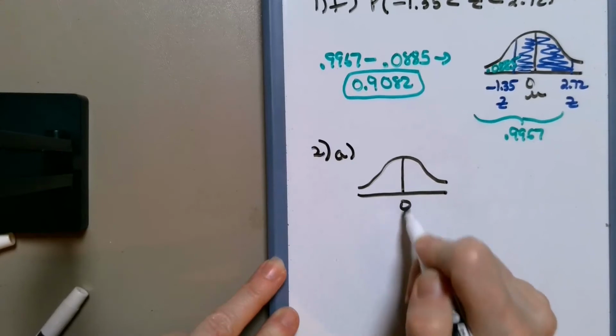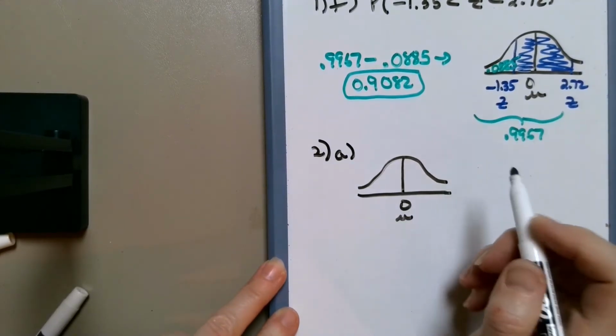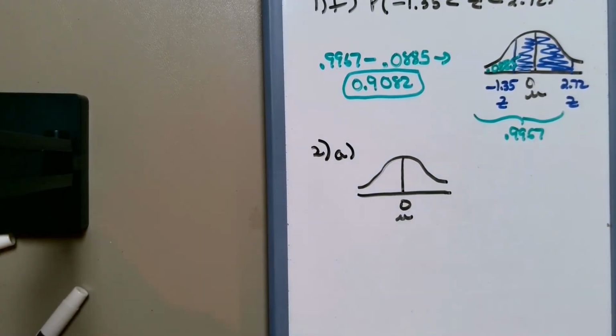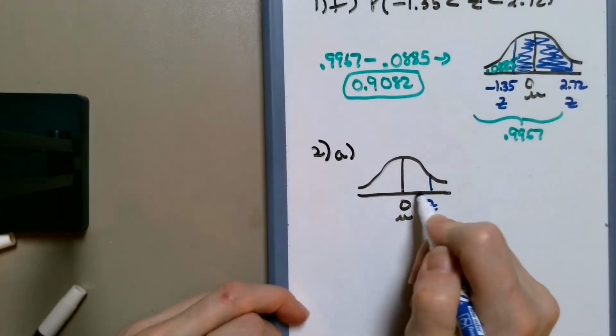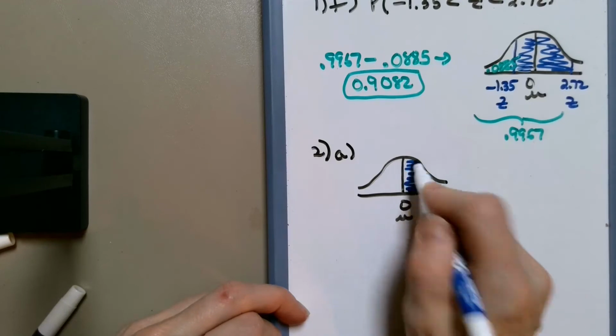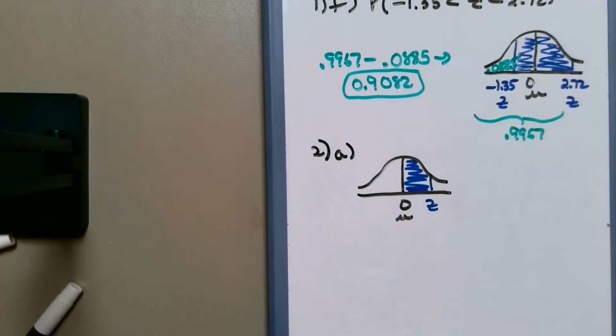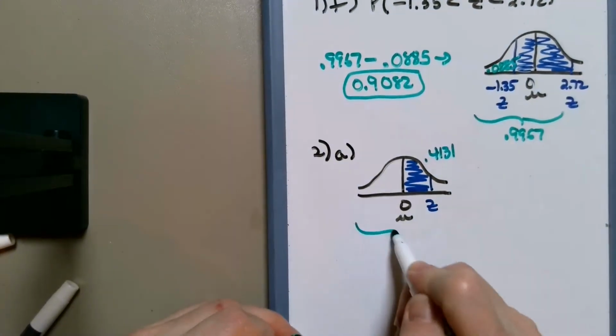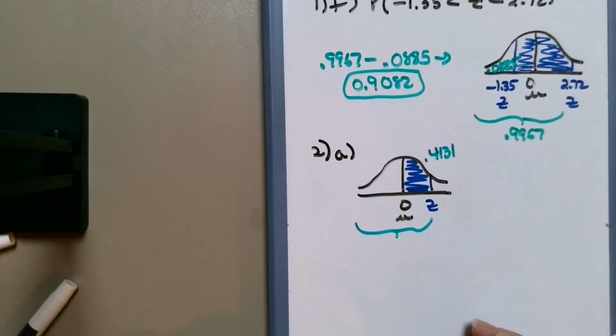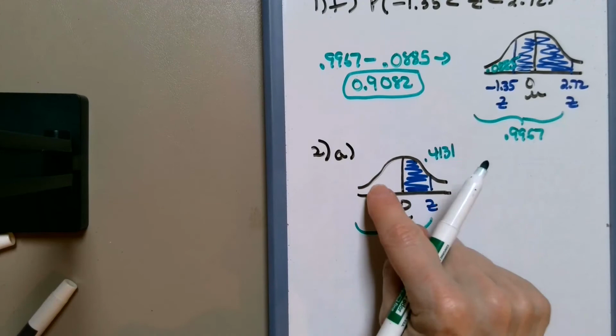in the middle is our mean, where z is 0. We've got a z over here on the positive side, so that means our z-score should be positive. This area shaded here is 0.4131. If I want to know this z-score, I need to know all the area to the left. Not just this bit, but this part too.